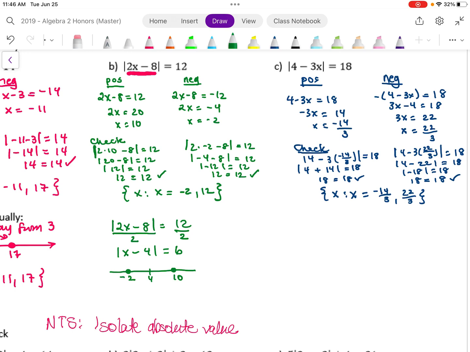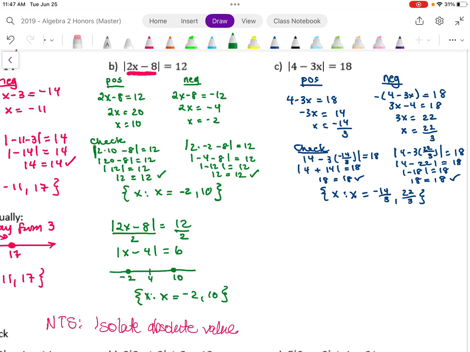Oh, I just copied it wrong. I'm sorry. Look, it's 10. I put 12 for some reason here. Whoops. There we go. So I did do it right. Here we get x such that x is equal to negative 2 and 10. I don't know why I wrote 12 up there, but I definitely did it right. So look, you get negative 2 and 10.